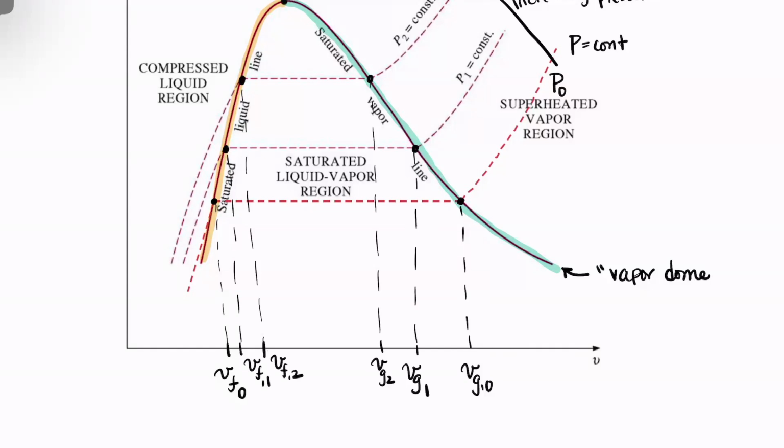And then similarly, we can look at the saturation temperature at the various pressures. So if we're looking at our pressure curve 0, then this temperature is our saturation temperature at P0. This is our saturation temperature at P1. And then this is our saturation temperature at P2.